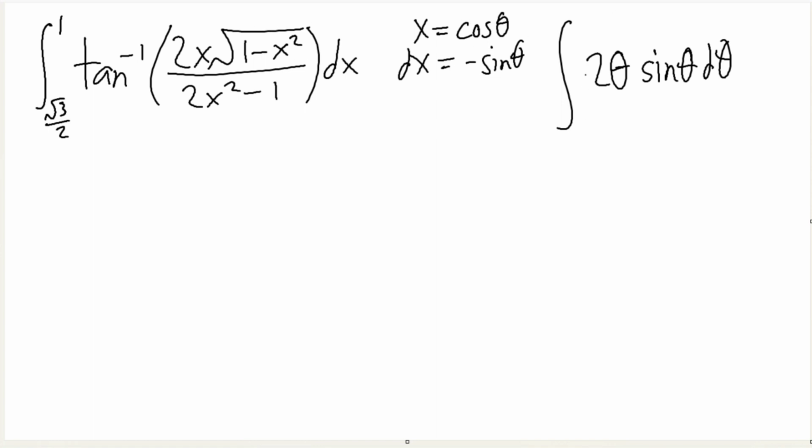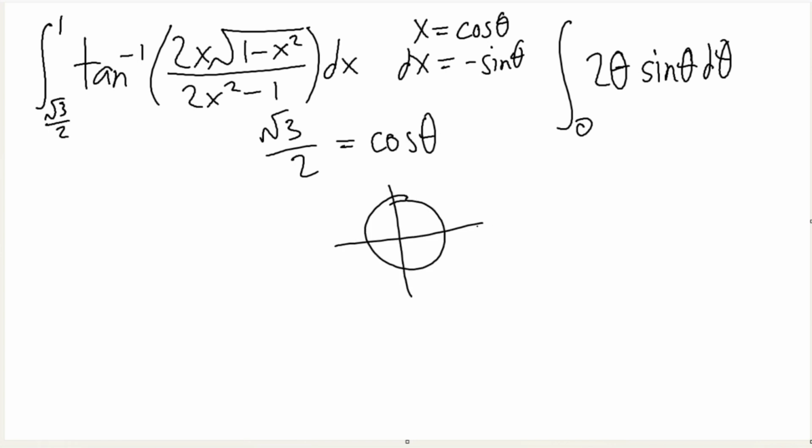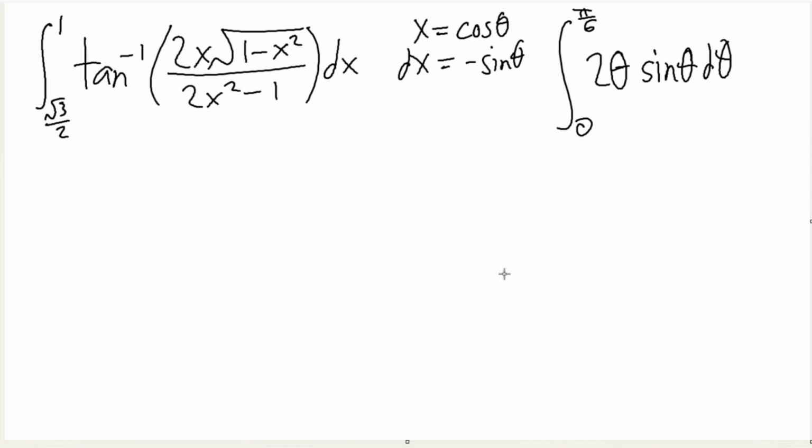1, well, this is going to be 0. And root 3 over 2. Root 3 over 2 equals cosine theta. What would that be? So cosine is this. Aha. This is the long range, so it needs to be pi over 6. Okay.